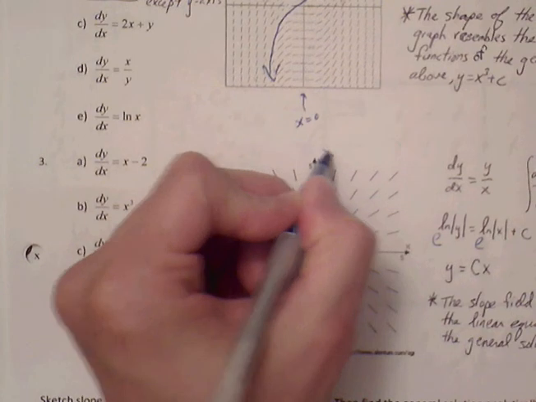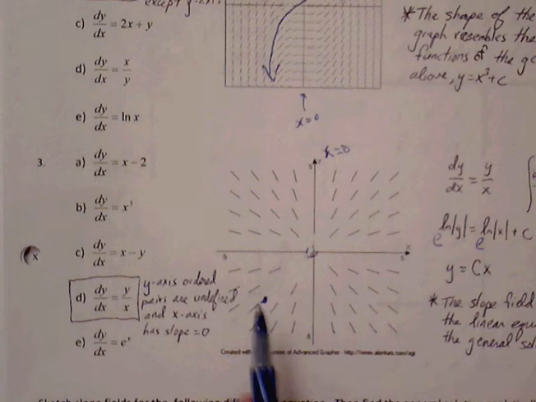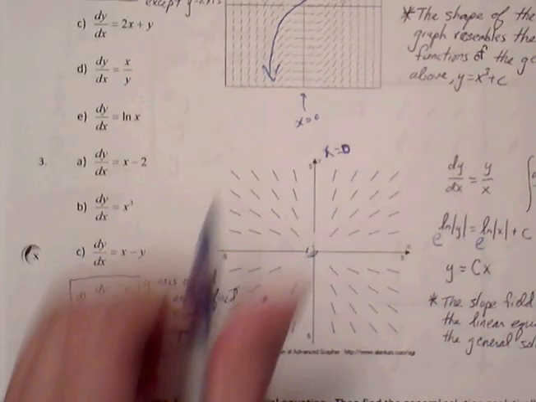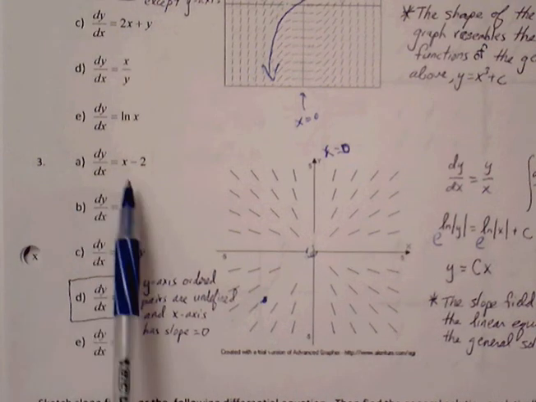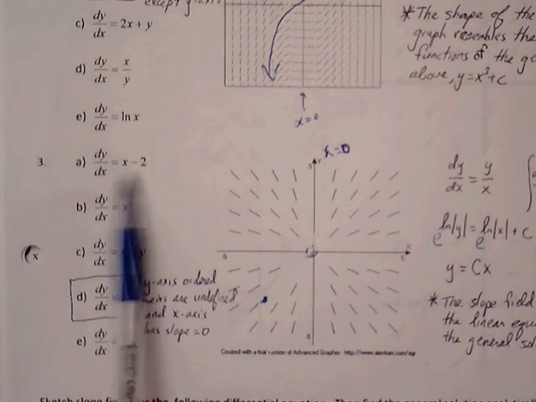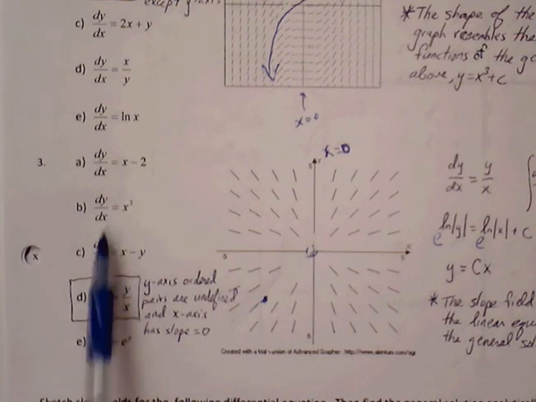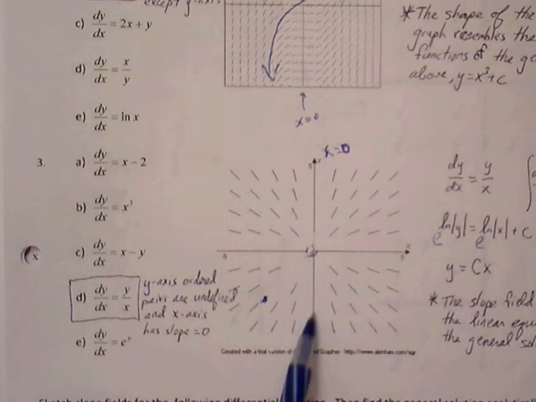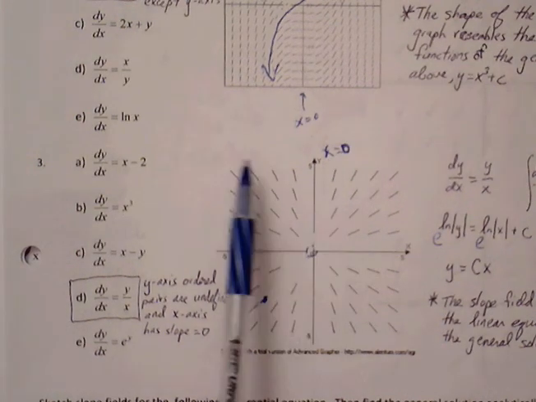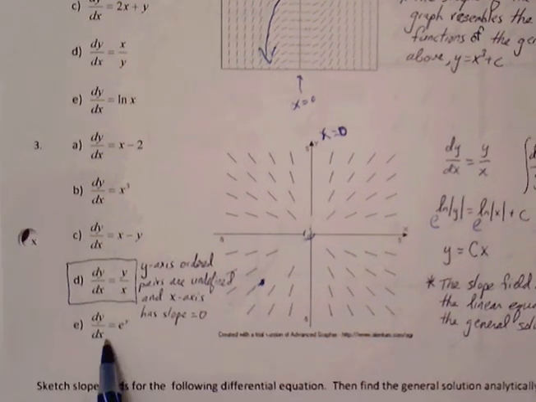And we can narrow down our choice just by looking at the possibilities here. So dy over dx equals x minus 2, equals x cubed, equals x minus y. None of these will produce values where, if I plug 0 in for x, I'm going to get undefined. Same with part E. I should get positive slopes for anywhere on the graph, but I'm seeing some negative slopes here.